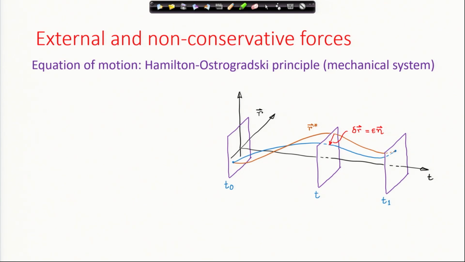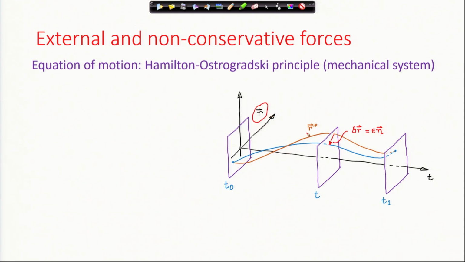Now, for mechanical systems, we had discussed this visualization of path variation of a system. Let us say this is the physical coordinate plane, or it could be the generalized coordinate plane as well. Here I have written out the physical coordinates.